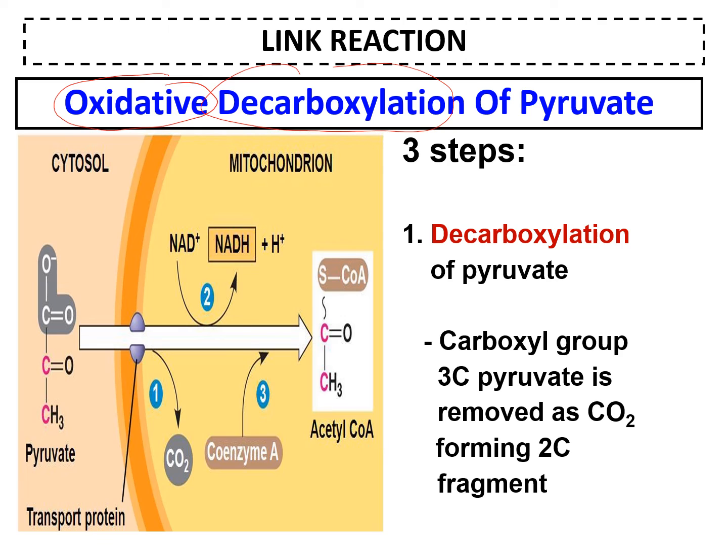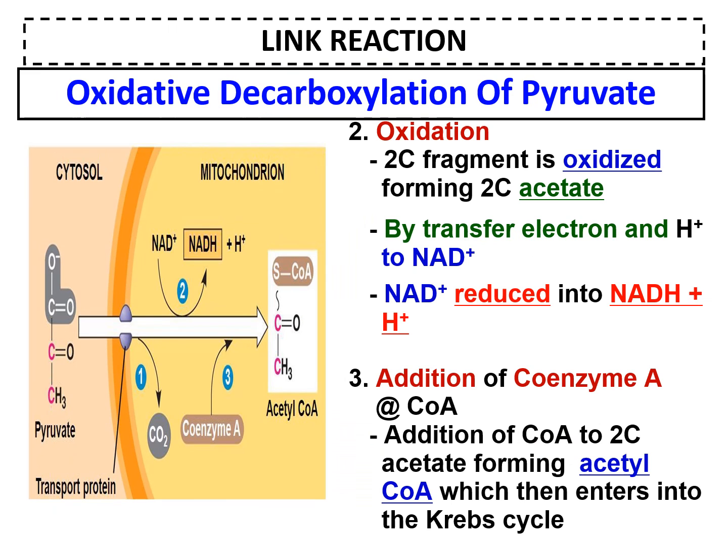So there are 3 steps in link reaction. First, decarboxylation of pyruvate. Removal of the carboxyl group from the pyruvate, forming carbon dioxide and 2 carbon fragments. Okay, these 2 carbon fragments then will undergo oxidation, forming acetate.